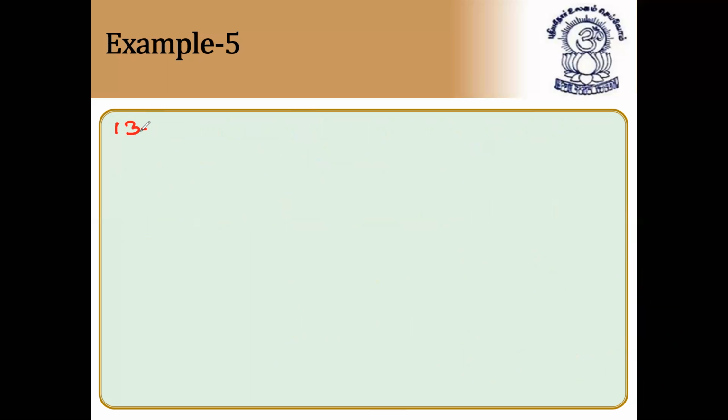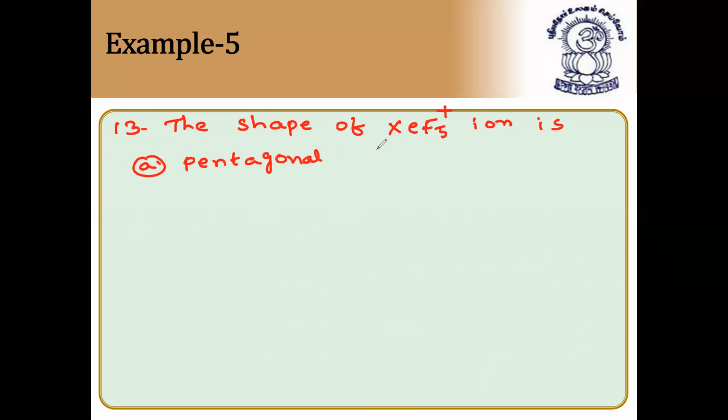The shape of the XeF5 plus ion is the shape of? Plus means one electron is going out. Option A, pentagonal. Option B, octahedral.